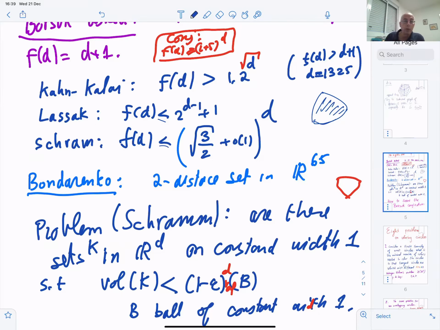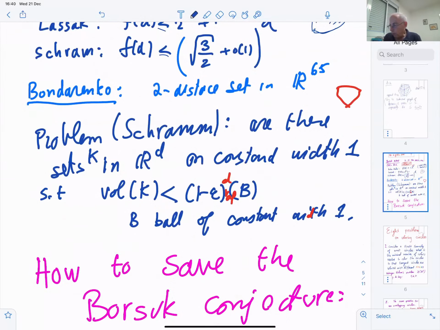And now going back to sets of constant width, I should mention a very nice conjecture or question by Oded Schramm. The question is the following, and this shows how little we know about sets of constant width.